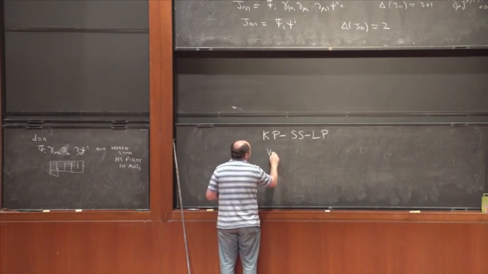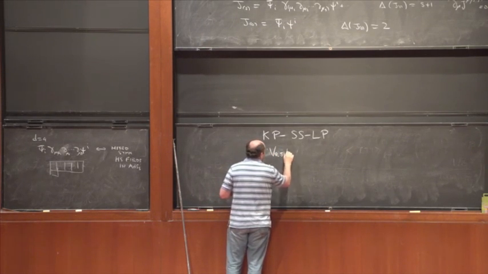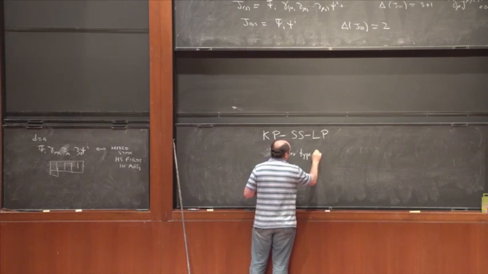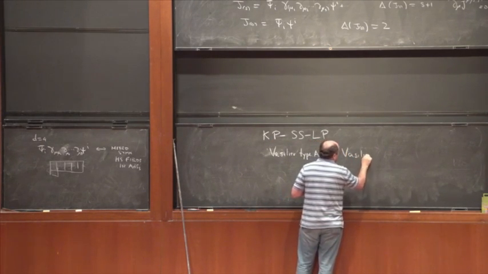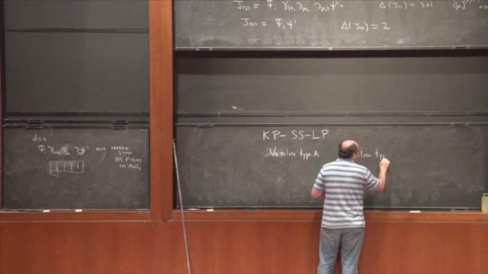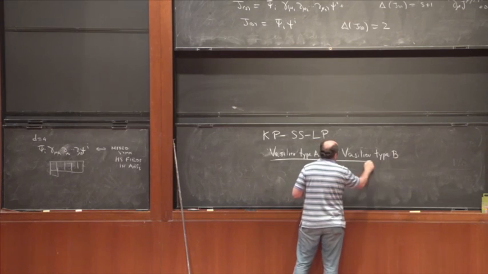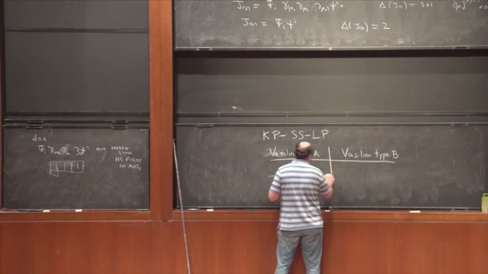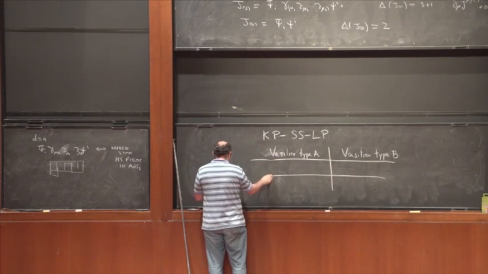So we have Vasiliev type A, Vasiliev type B, and here we have the choice of boundary conditions for the scalar field.